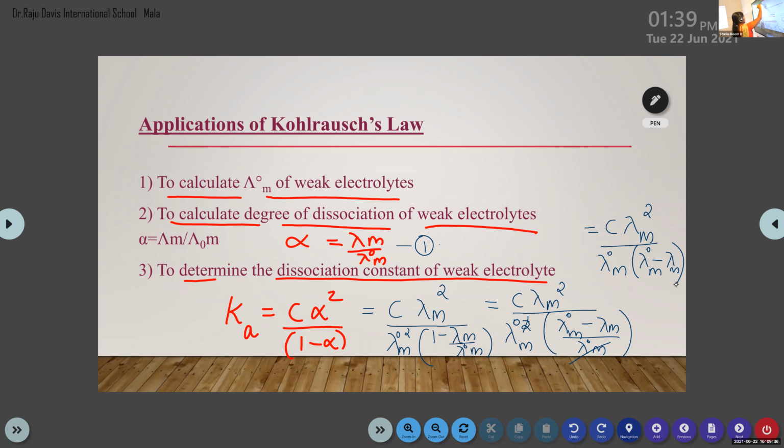This is also another equation to find out this dissociation constant.